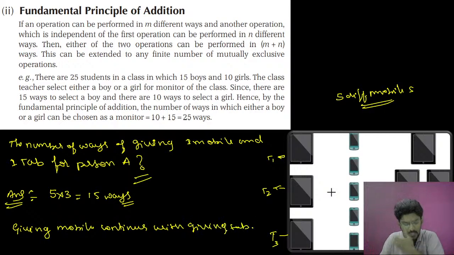That means here my work will complete only when I give one tab and one mobile. My work will complete only when I give one mobile and one tab. Are you getting my point?